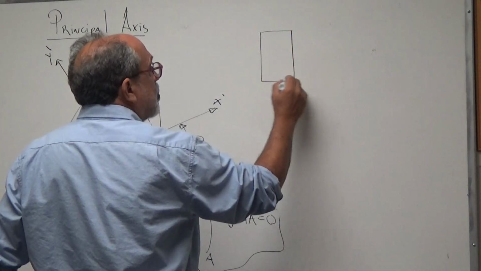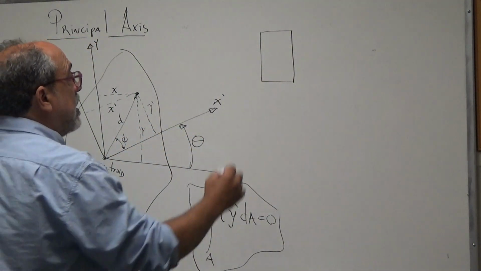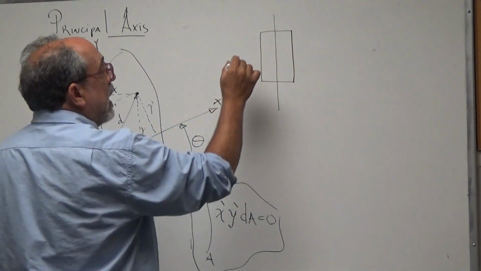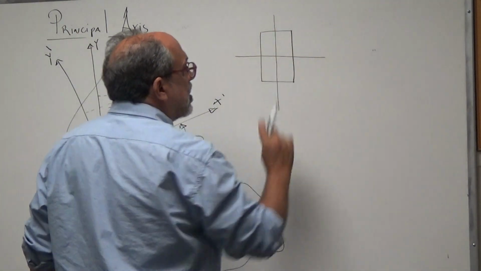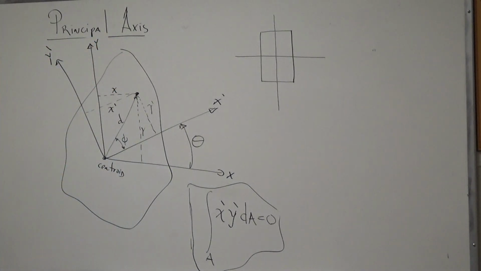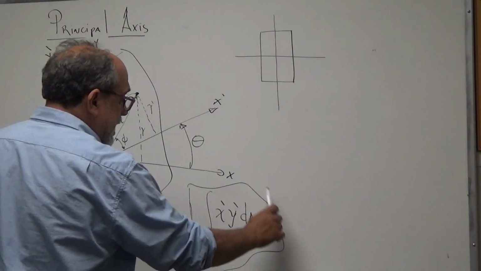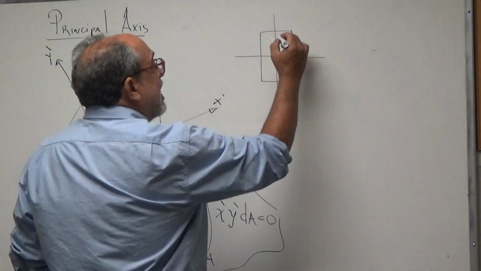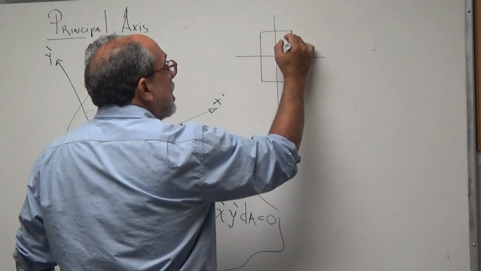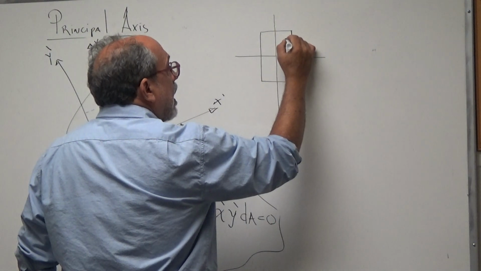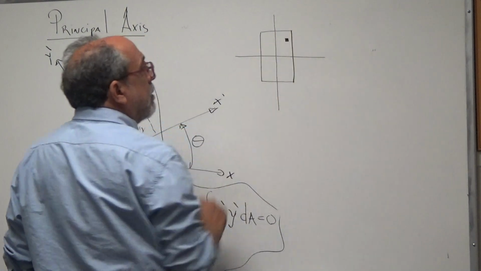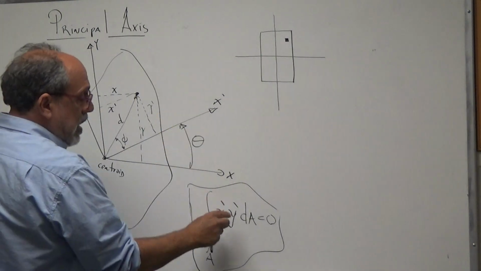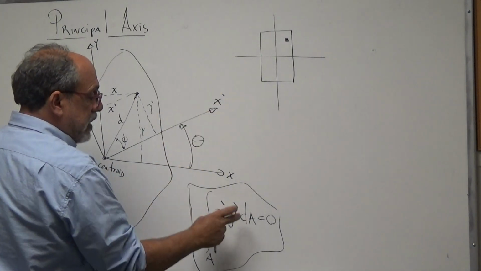For this cross section, we know that this is an axis of symmetry. This is one material, and this is another axis of symmetry. So these are the principal axes, right? Now let's see, why is it that for those axes this is 0? Let's say that you take this point here, and you're going to do this integral. But you're going to do the integral numerically. Just think about what an integral is, just the sum of things, right?